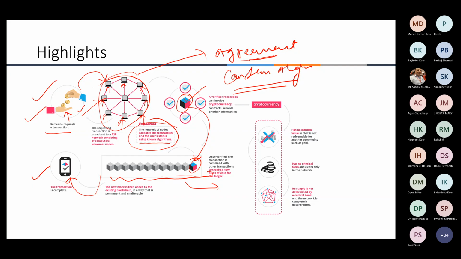So you can see that the heart of the blockchain is located here, where obviously there may be different consensus algorithms. We can use any consensus algorithm, and we can design our own consensus algorithm as well.